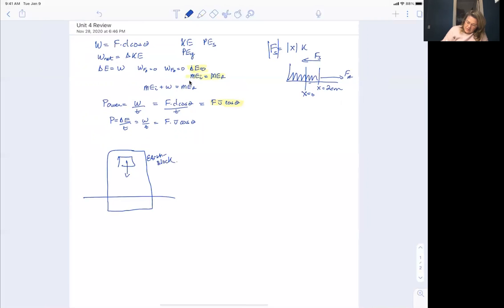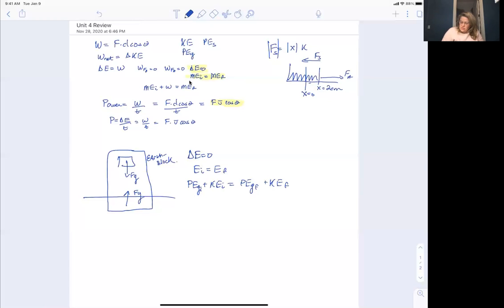The only forces that are happening are the internal forces, the gravitational attraction between the block and the earth. So there are no outside forces. So the change in energy is equal to 0. And we know that energy initial has to equal energy final. And it essentially will transfer energy back and forth between kinetic energy and potential energy due to gravity.